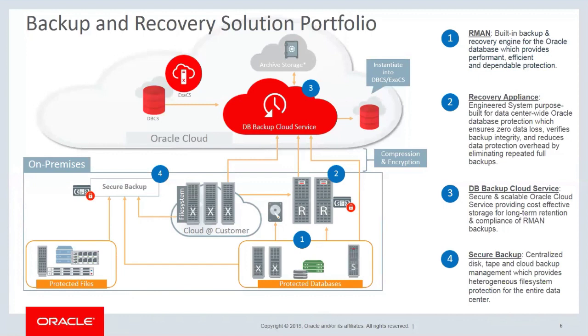As mentioned, Oracle Secure Backup supports tape, disk targets, and also cloud storage. Both Oracle Object Storage and Archive Storage can be used as a target for Oracle Secure Backup. The main difference between backing up an Oracle database to the cloud using Oracle Secure Backup or using the Database Backup Cloud Service is that the backups stored in the cloud by Oracle Secure Backup are in Oracle Secure Backup format.